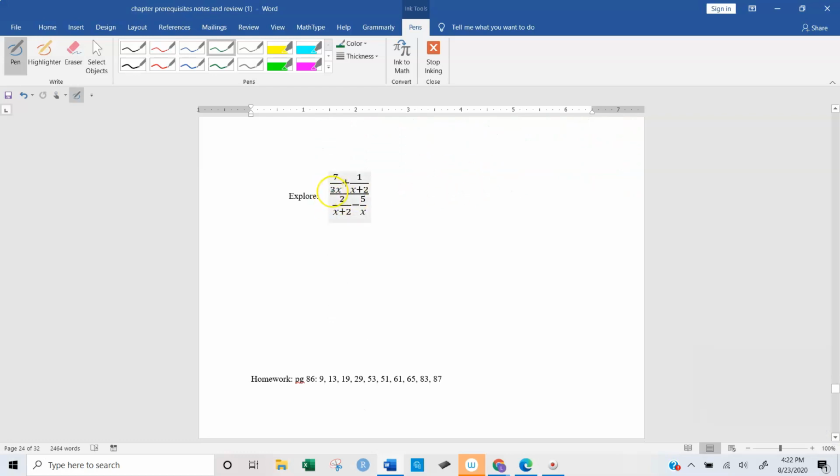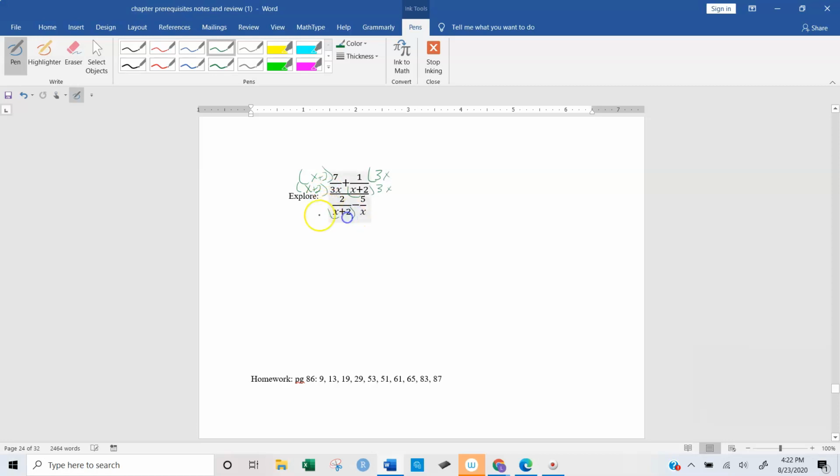Okay, let's just start with the top. 3x and x plus 2. How do I get those the same? Well, this one needs an x plus 2, and this one here needs a 3x. All right, x plus 2. Well, luckily I've already got that, so I don't have to worry about it, but it still needs that 3.